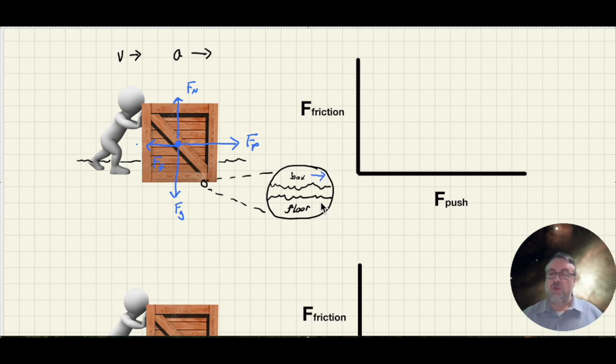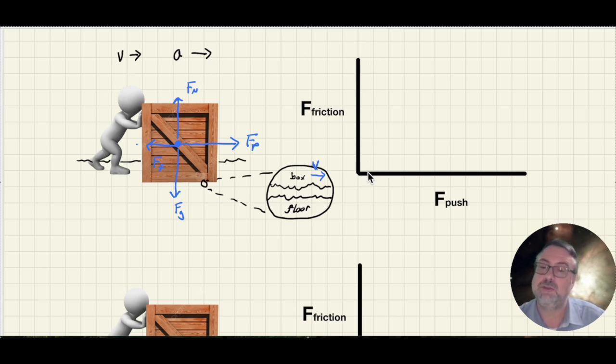So you still have a rough surface opposing the motion, but once you break the pieces apart, you no longer have to push quite as hard to keep the box moving. So assuming you were pushing hard enough to break it apart, the force necessary to keep it moving will always be less.